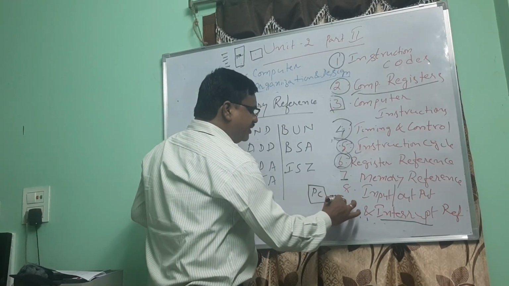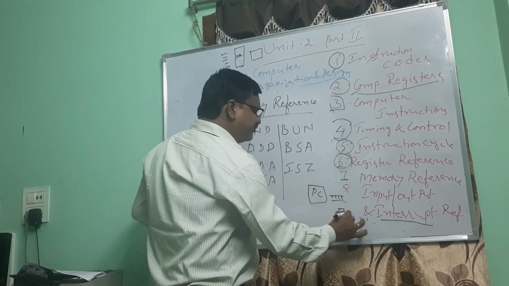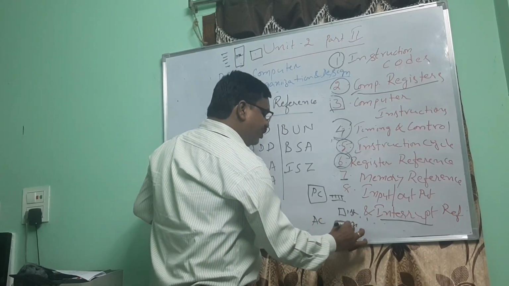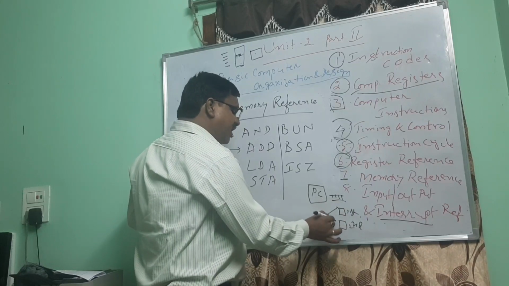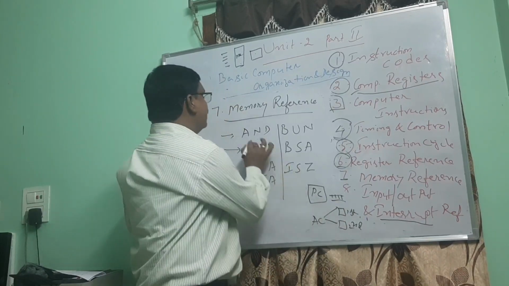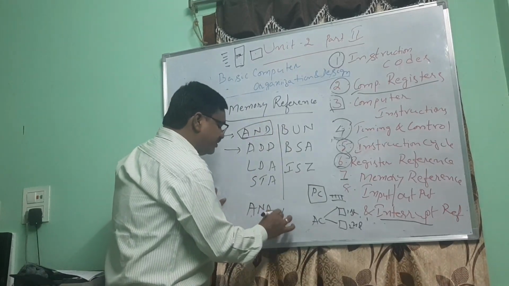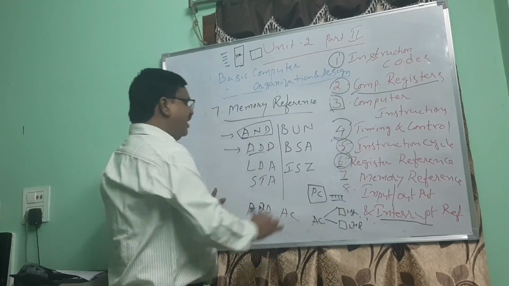In that memory there is the first input value, and the second input value will be there in the accumulator. So with this first value and the second value in the accumulator, the AND operation will be performed. This is nothing but AND to AC. This is nothing but AR to AC.